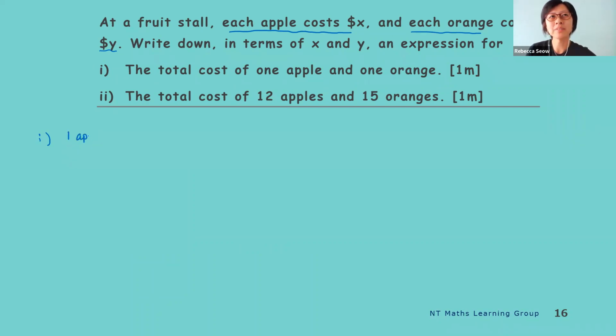So one apple costs x dollars. One orange costs y dollars. If the question asks you for total cost, one apple, one orange, how can we find that cost?